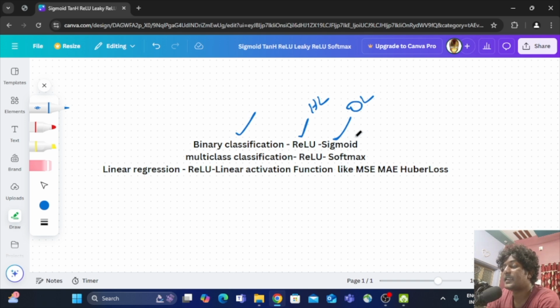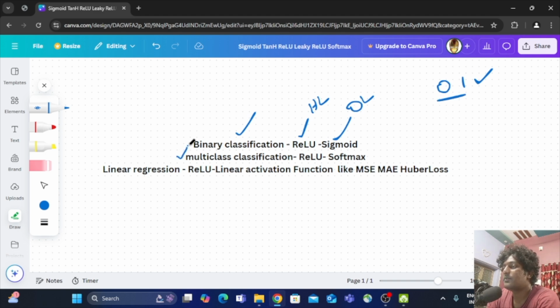And as I said earlier, why do we use the sigmoid activation function? Because in binary classification we need to say yes or no, two classes, so sigmoid will be helpful. It works fine, so we use the sigmoid activation function.